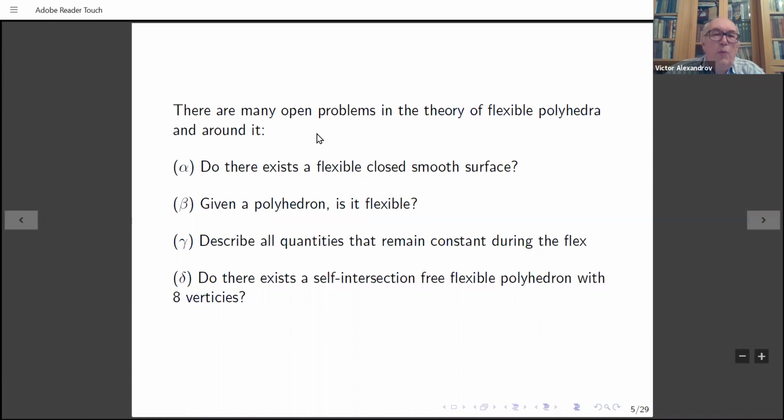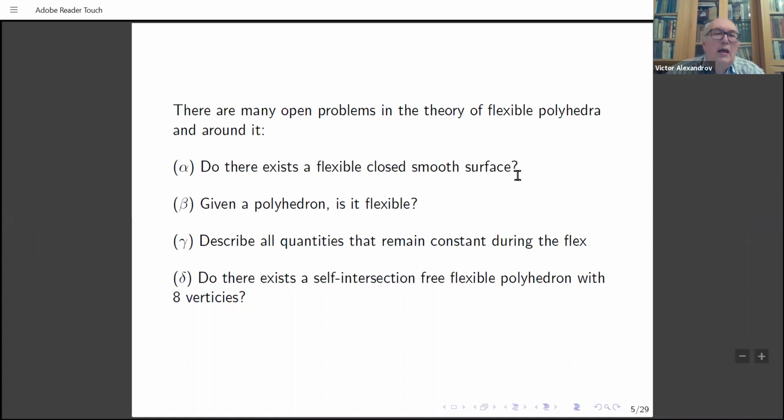There are many open problems in the theory of flexible polyhedra and around this theory. The first open problem I would like to mention is: do there exist a flexible, closed, smooth surface?